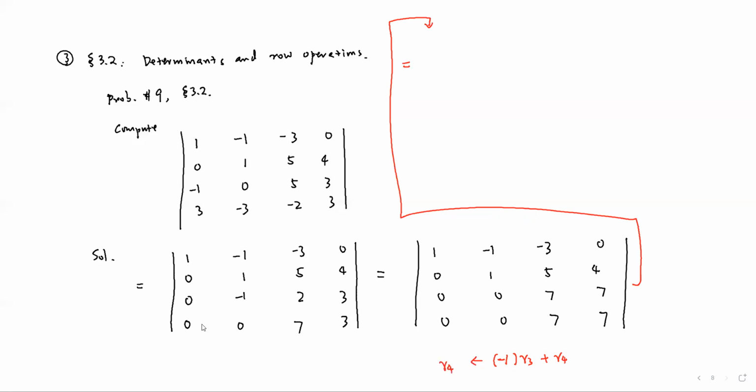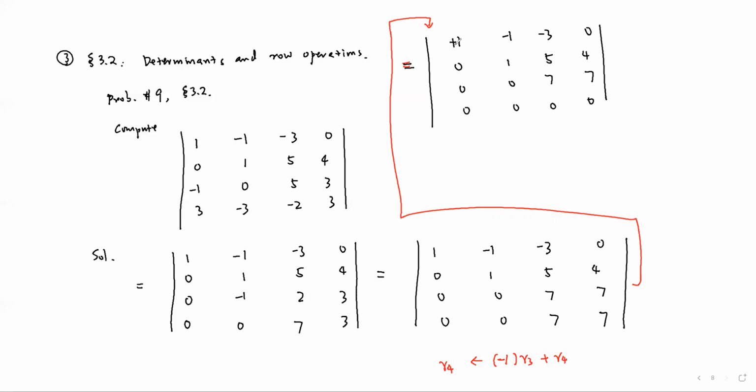This operation doesn't change the value of the determinant. This is 1, -1, 3, 0, 0, 1, 5, 4, 7, 7, and now 0, 0.